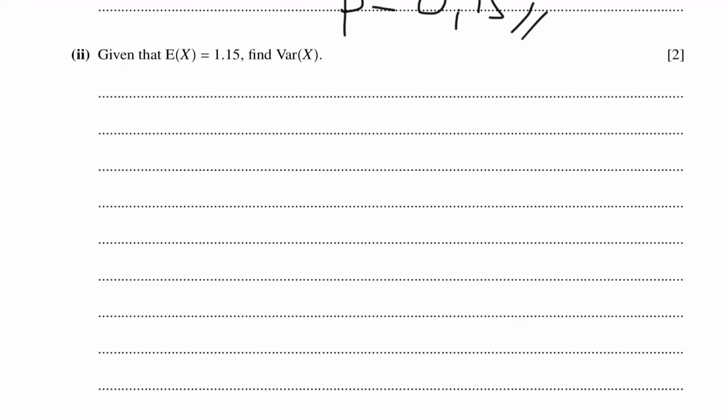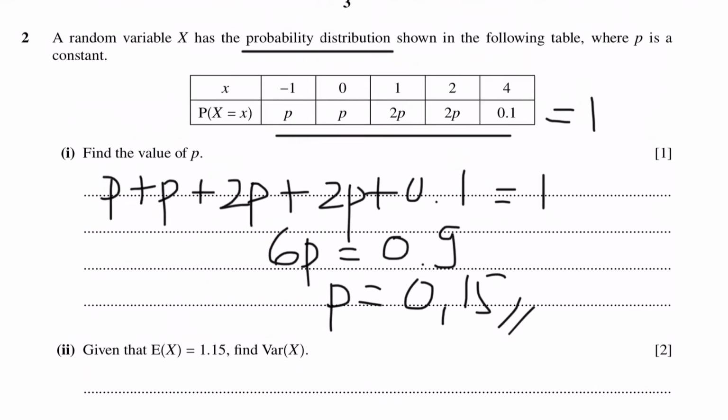Given that EX, or the mean, is 1.15, find the variance. For this question, the formula will be squaring the x and multiply that with the probability.